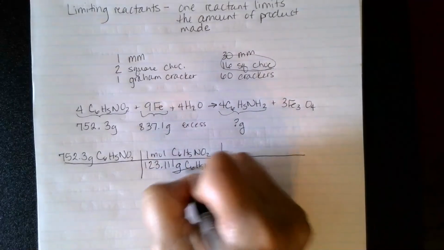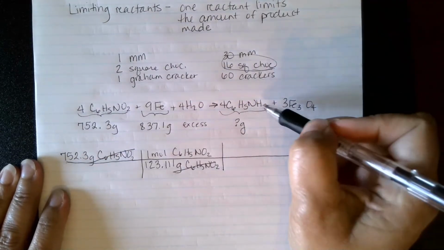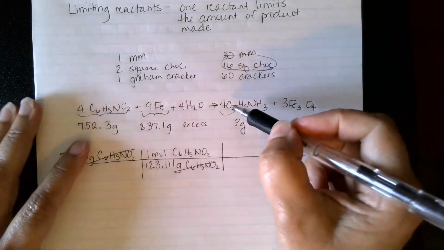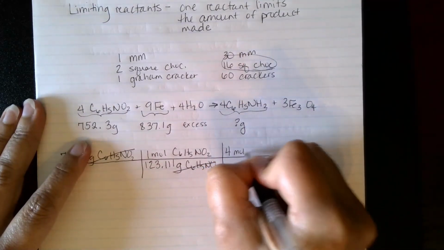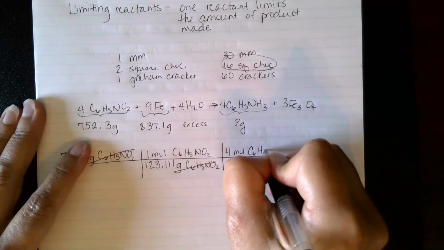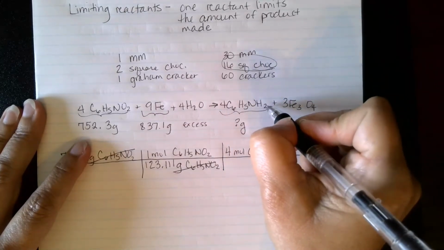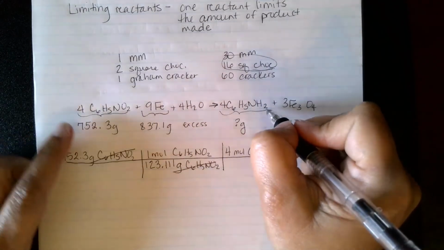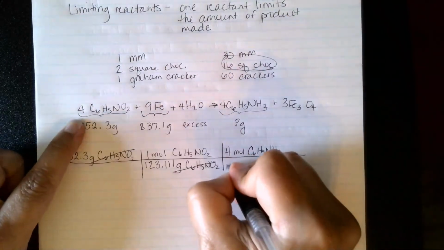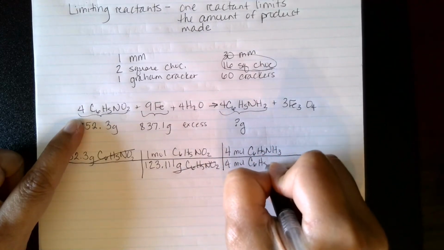Then my next step is going to be doing a mole ratio, and I'm trying to find this product. So what I want is 4 of this C6H5NH2, and I have 4 of the C6H5NO2.